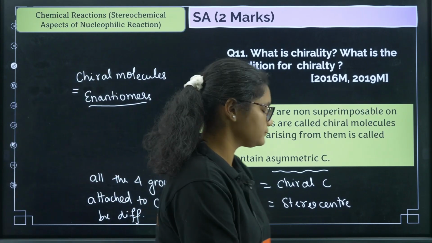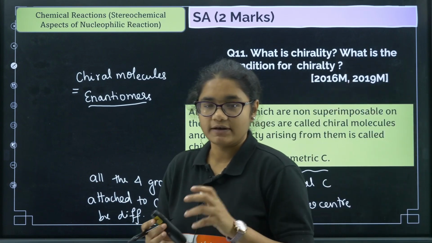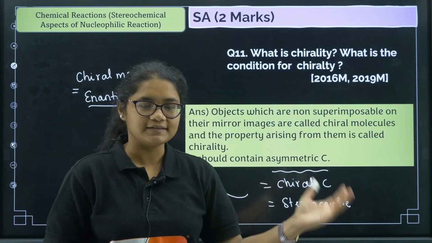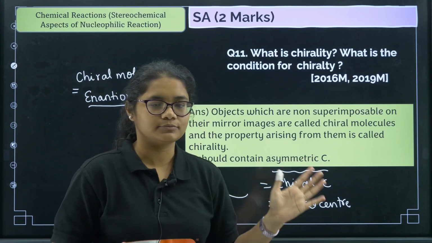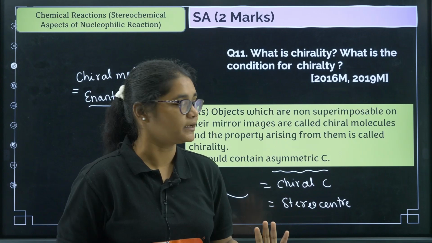Are all getting this? This is a definite question. Most of the time, stereocenter, chiral carbon, asymmetric carbon, chirality and enantiomer are asked again and again. So please remember these definitions properly.